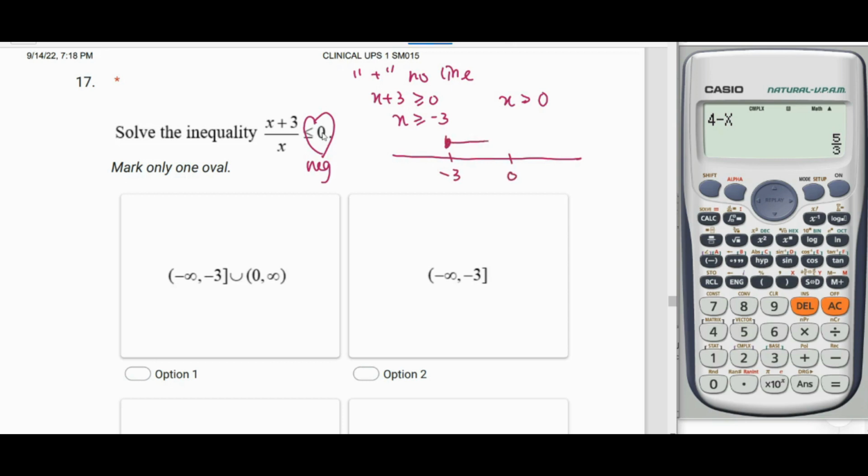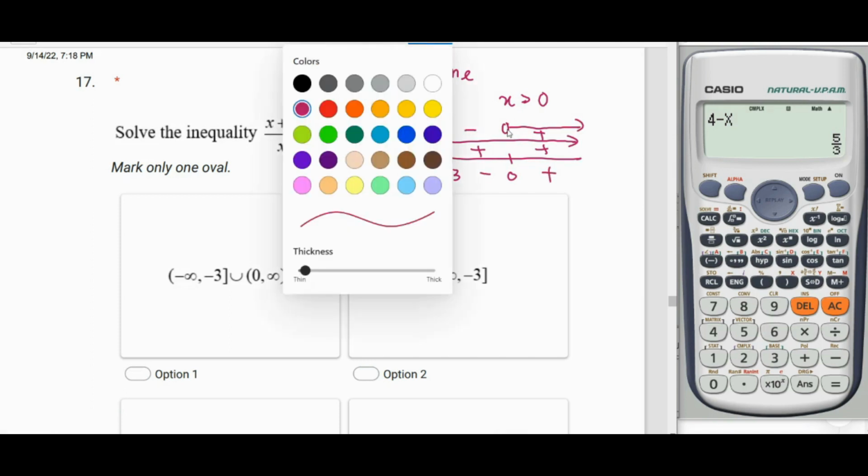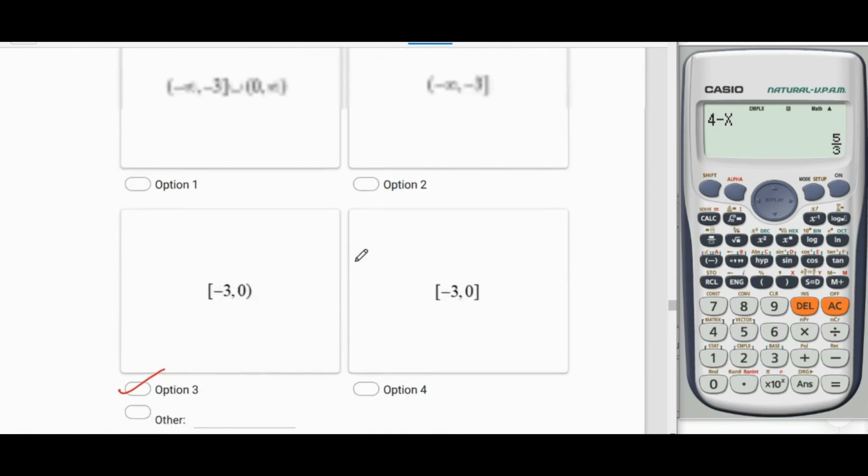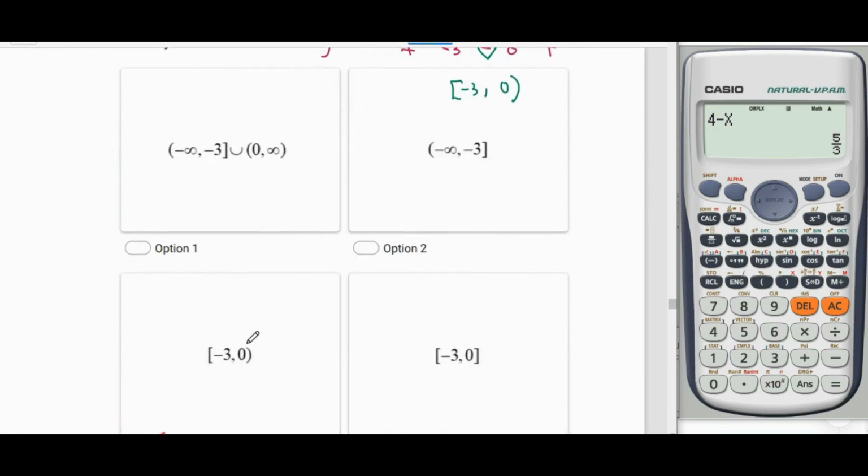This region is positive, positive, negative. For 0, not included, empty circle: positive, negative, negative. The conclusion here is positive, negative, positive. What we need here is the negative region. So this is the negative region that we want, where -3 is included and 0 is not included. So here will be our option, and you can notice that this is our answer, yeah?